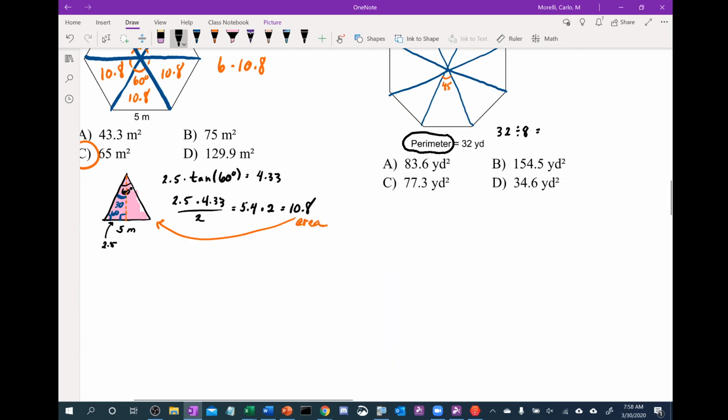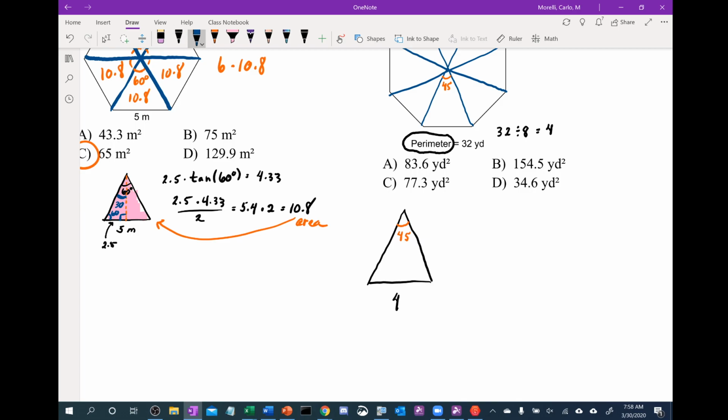Okay. So now we can draw one of our triangles here. We have a side length of 4, and this angle is 45.